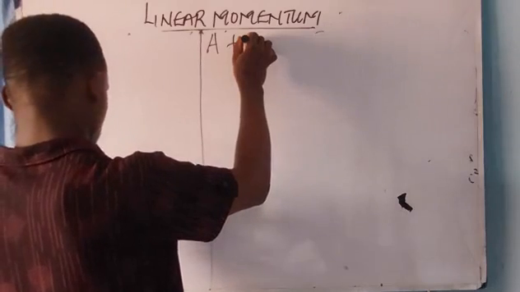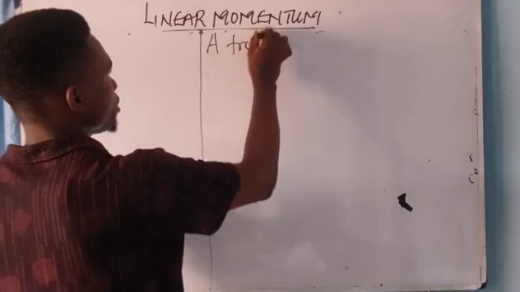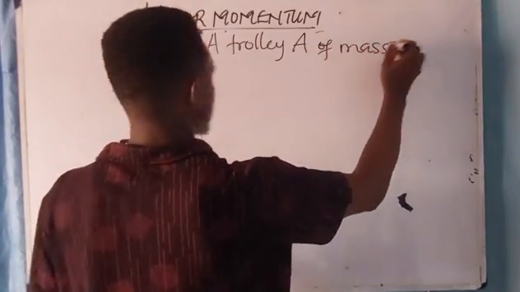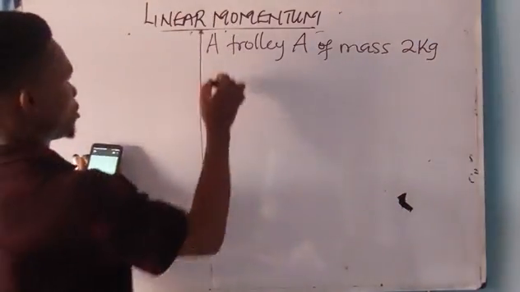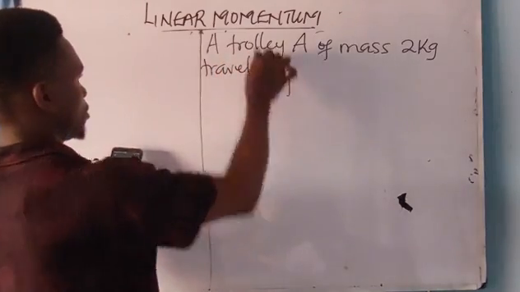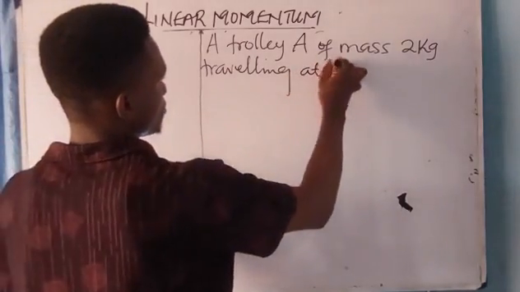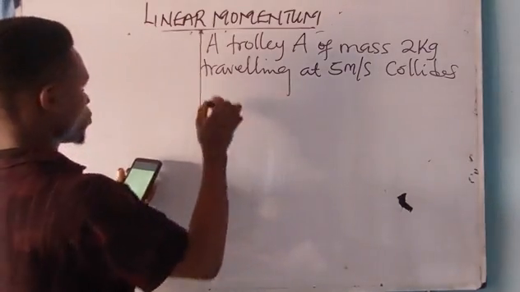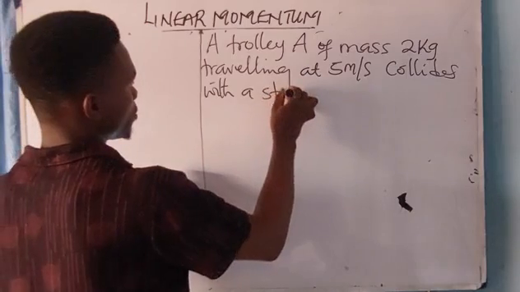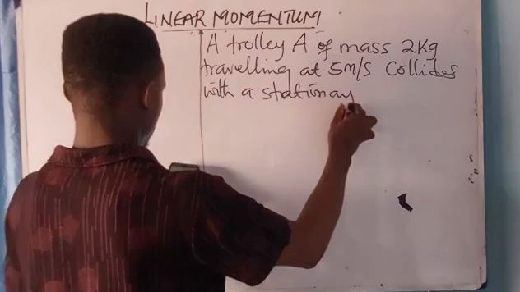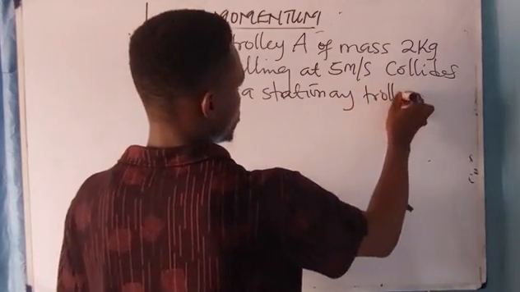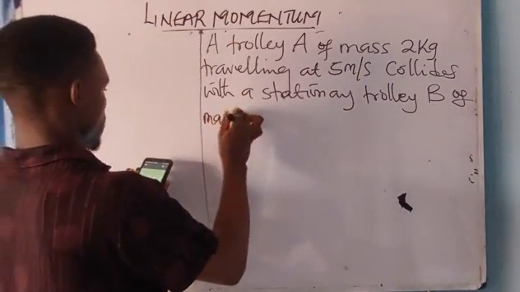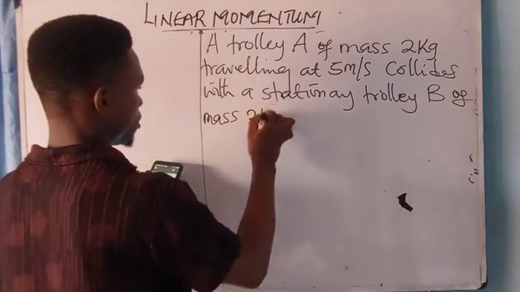A trolley A of mass 2 kg traveling at 5 meter per second collides with a stationary trolley B of mass 3 kg.